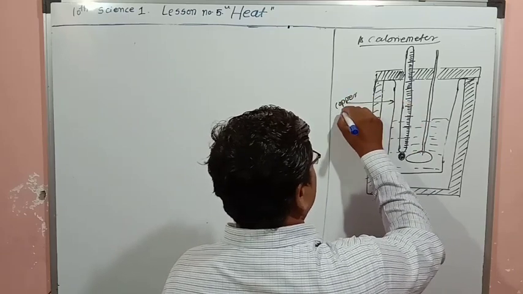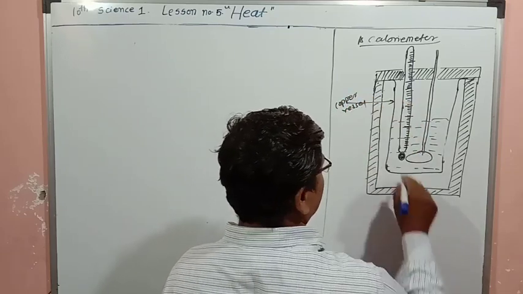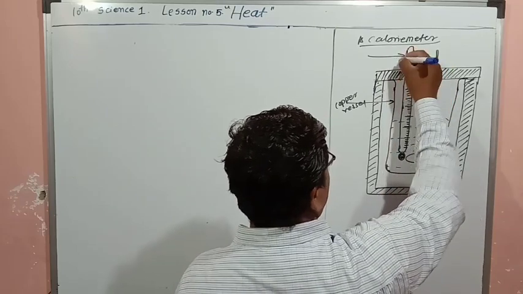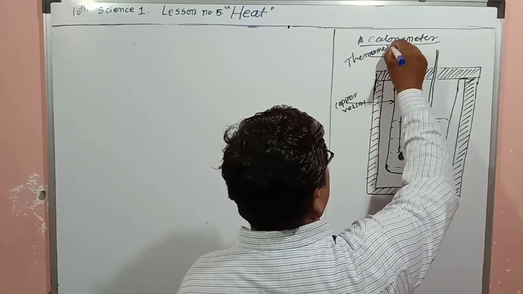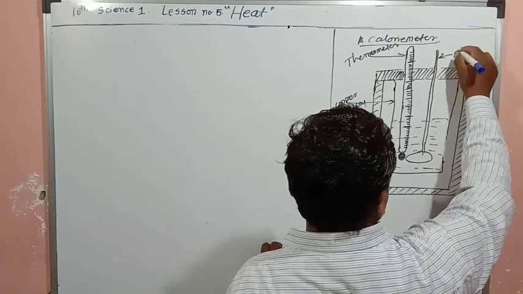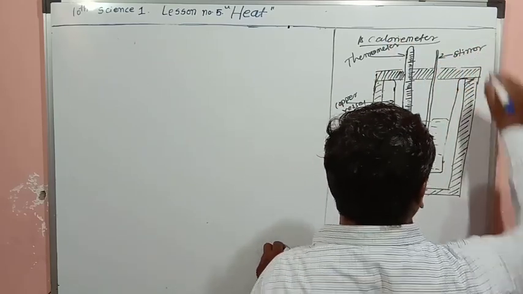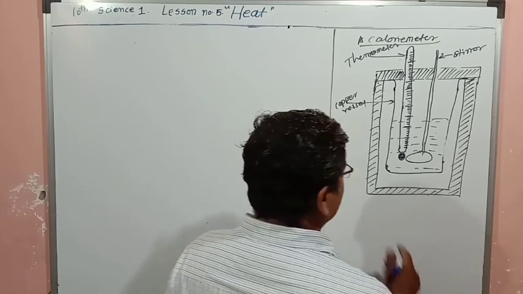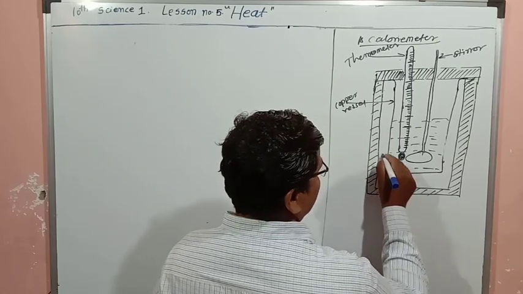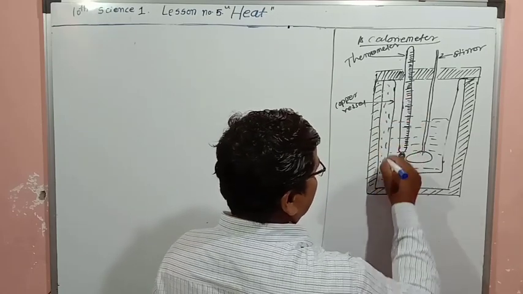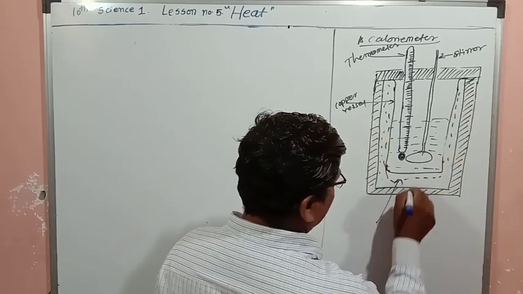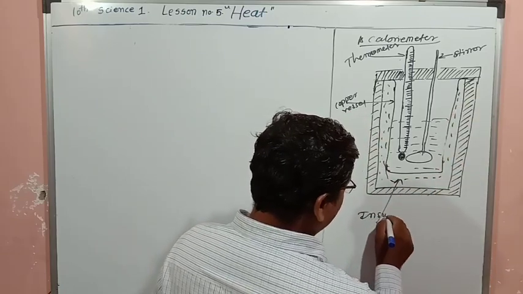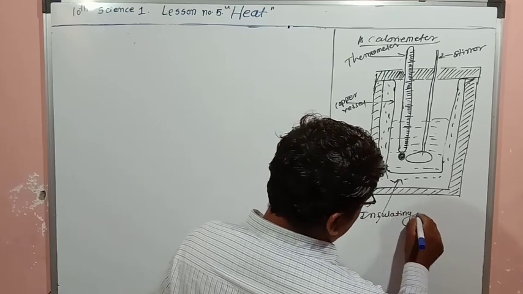This one is the thermometer. This one is the stirrer. Here there will be insulating material.